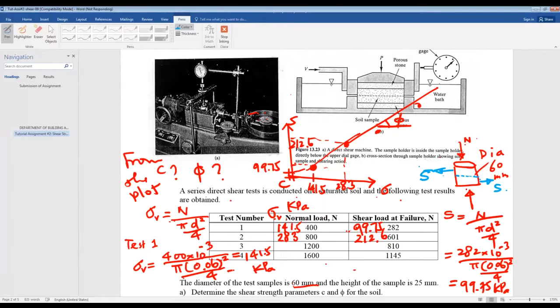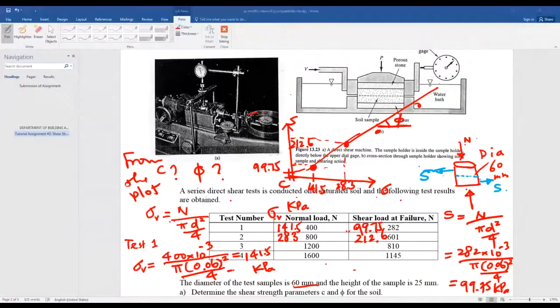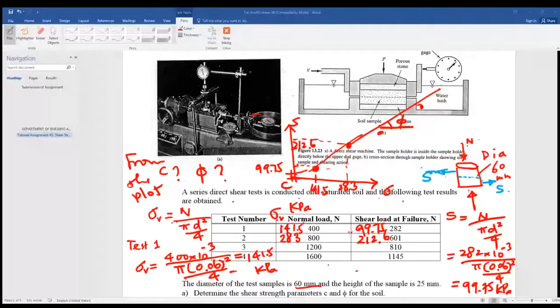Then next week, once you have the solution, you can compare your results against the answers. It's a good experience for you. So any questions?